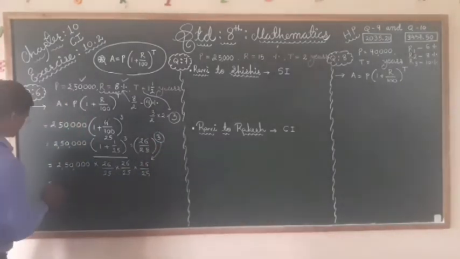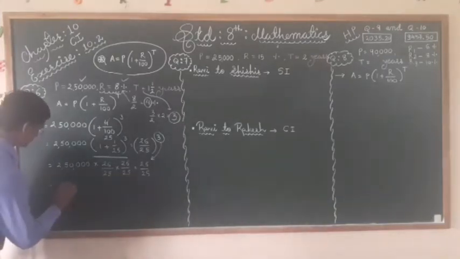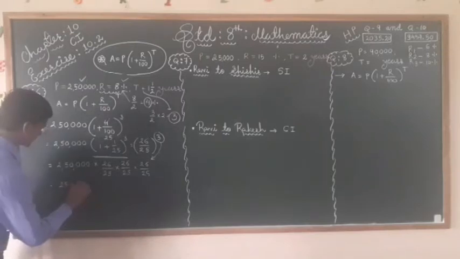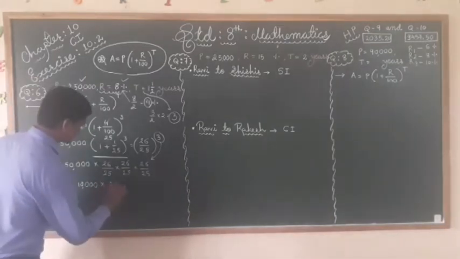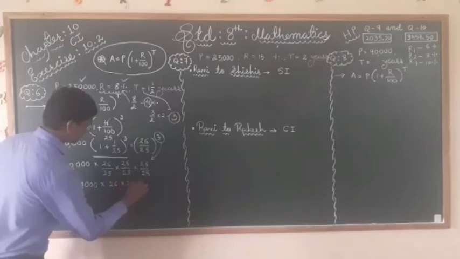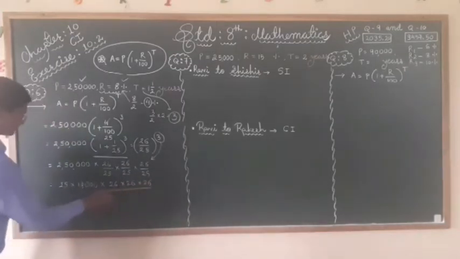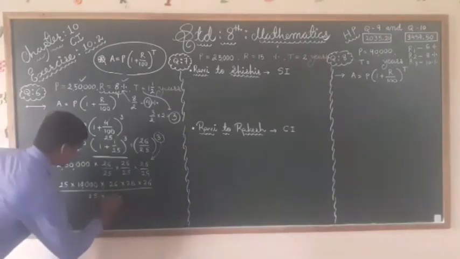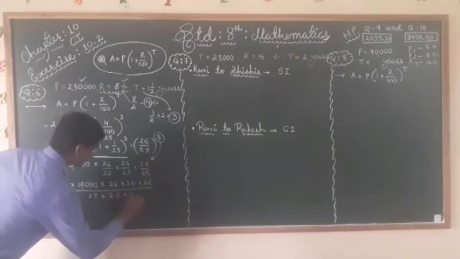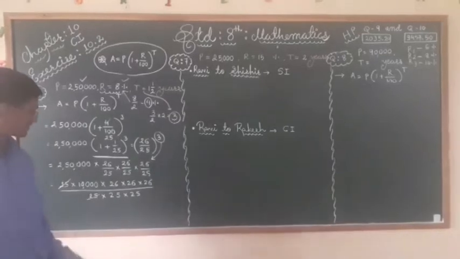Now here, suppose 25 multiplied by 10,000, the value will be as it is, 26 into 26 into 26. Here 25 multiplied by 25 multiplied by 25, so 125 out.